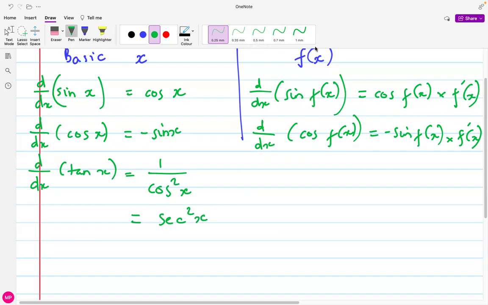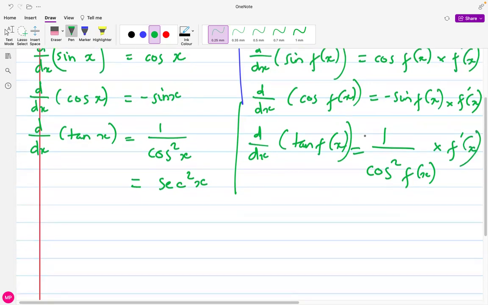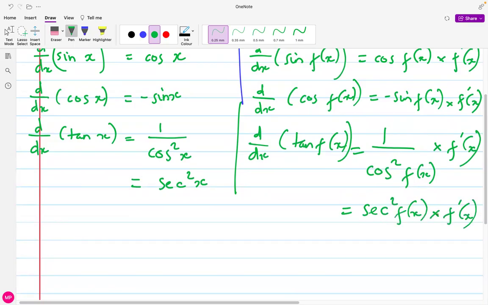So the derivative of tan of f of x will be 1 over cos square of f of x, and then we times by f dash of x. Or we can write that as sec square of f of x times f dash of x.